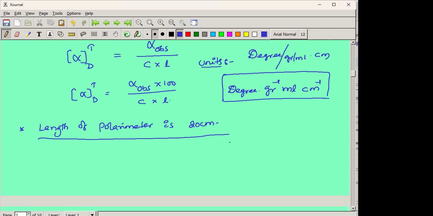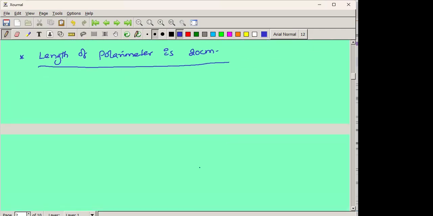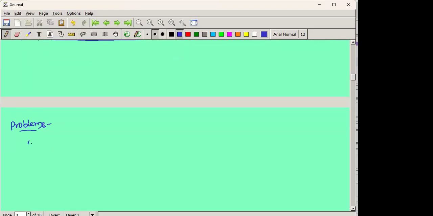Here I am going to give one example, a simple problem, of how we can calculate the specific rotation of a molecule. A 5% glucose solution is taken in a 20 centimeter polarimeter tube.